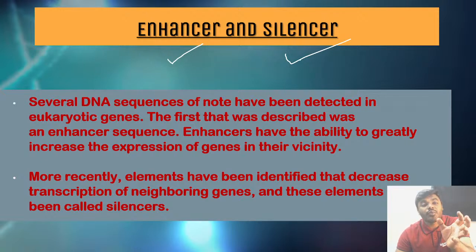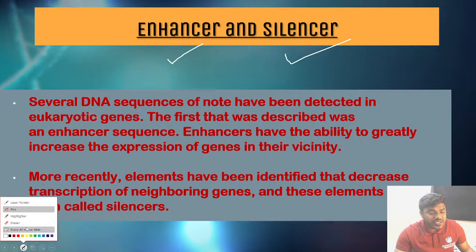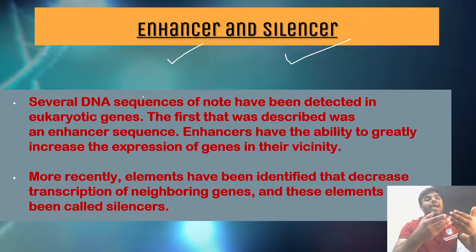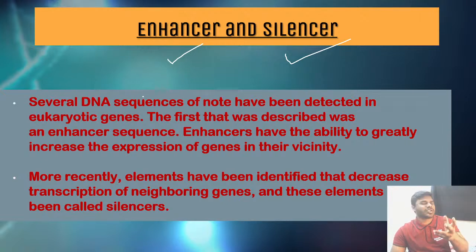So that's why pay utmost attention. Enhancer and silencer. The name itself indicates that enhancers are the ones which can enhance the process of transcription. Silencers are the ones which can silence the process of transcription. Very, very simple point it is.